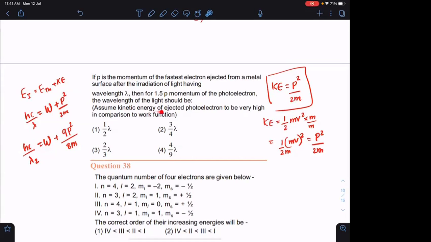The kinetic energy of the ejected photoelectron to be very high in comparison to the work function. इसका मतलब क्या है? What does this statement mean? Anyone? What can you infer from this particular part of the question?